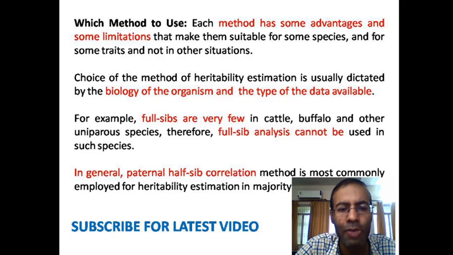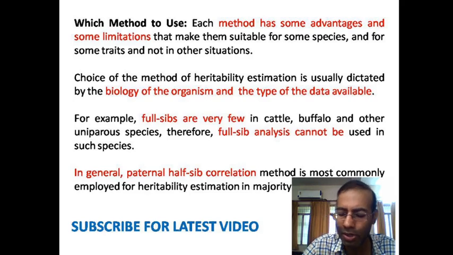Uniparous species means the species which produce one progeny after one pregnancy. So in this case, full-sib analysis cannot be used. In general, the paternal half-sib correlation method is most commonly used for estimation of heritability.